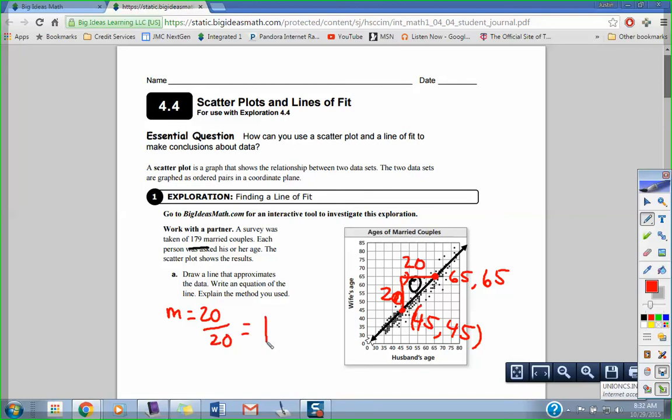Slope's 1. So to write an equation in point slope form, I'm going to use this one right down here, 45, 45 as my point. So I'm going to go y minus 45 equals 1 times x minus 45.